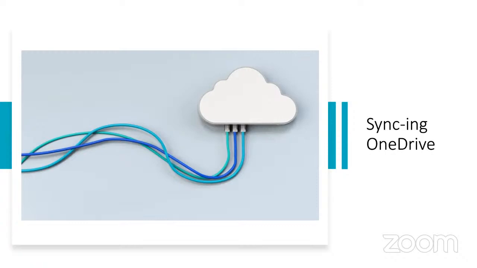So if you want to work on something while you're traveling, you could synchronize it down to your device, work on it, and the moment you get back into range of a data source, whether it's your Wi-Fi or your data on your phone, then it will naturally reconnect on your behalf, which is pretty cool.